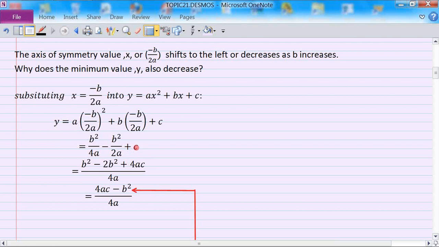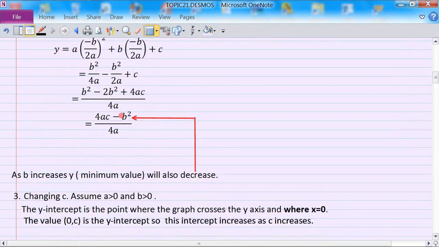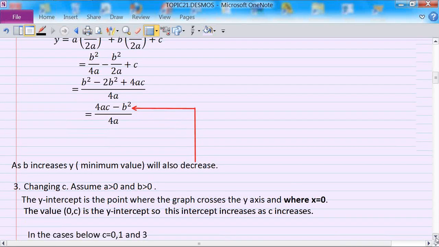And we multiply this by 4a, and we get 4ac. b squared minus 2b squared is minus b squared over 4a. So the minimum value will decrease as b increases because this term is negative. You're squaring it, and as b increases, it will be more and more negative, and will move the y value lower.